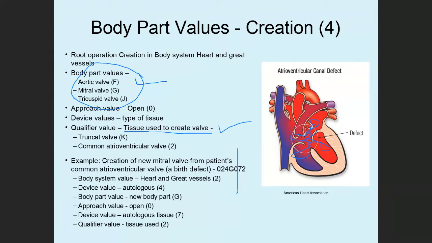So what they do is make a new mitral valve from this common tissue in the common area, 024G072. So autologous tissue, because it's using the patient's tissue. The new body part value is the G. The qualifier value is the tissue used to make the new part, which is 2.